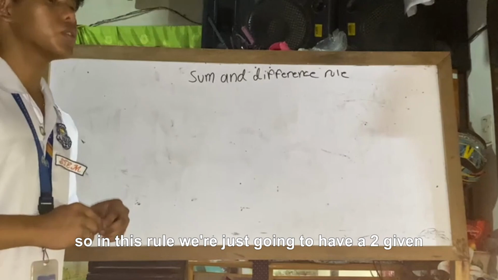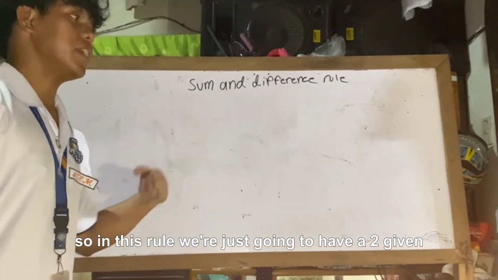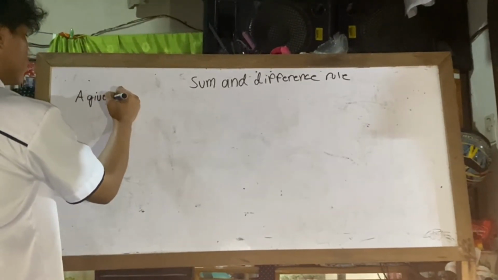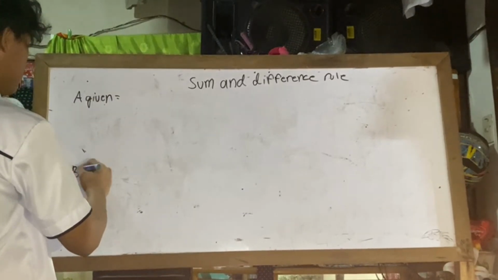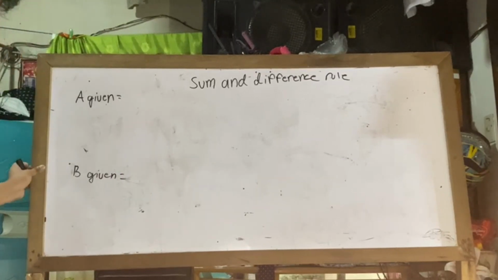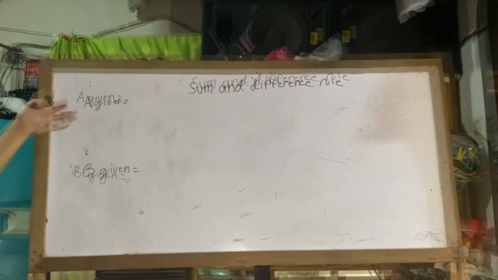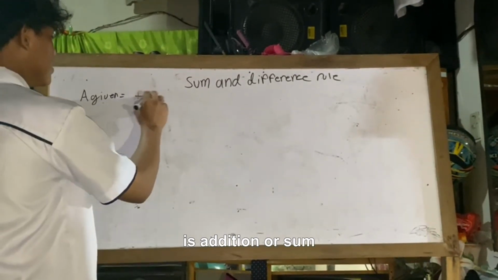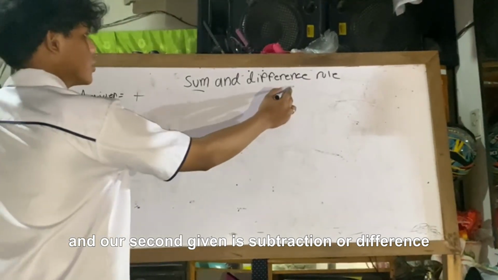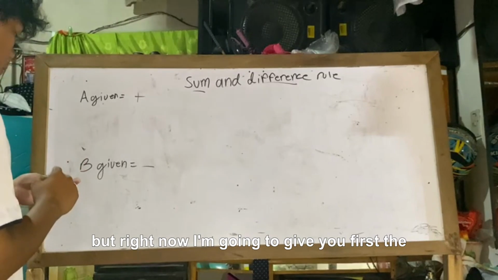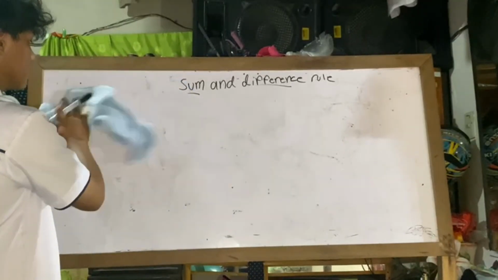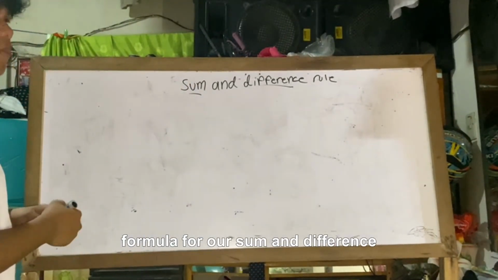In this rule, we're just going to have a given A and a given B. Our first given is addition or sum, and our second given is subtraction or difference. But right now, I'm going to give you first the formula for our sum and difference.